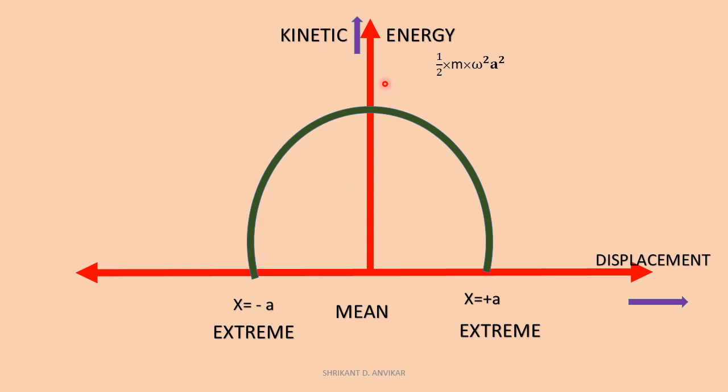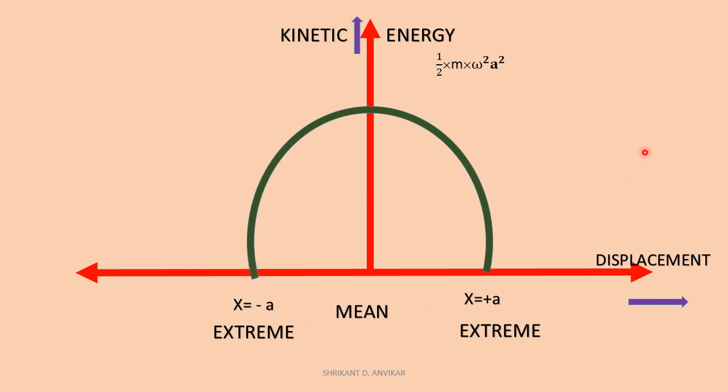When the particle is moving from mean position to extreme position, kinetic energy of the particle goes on decreasing. This is our observation. This kinetic energy is completely 0 at extreme position.